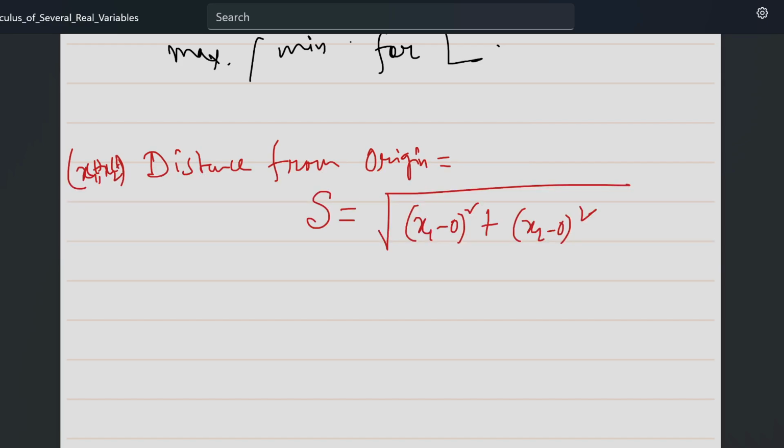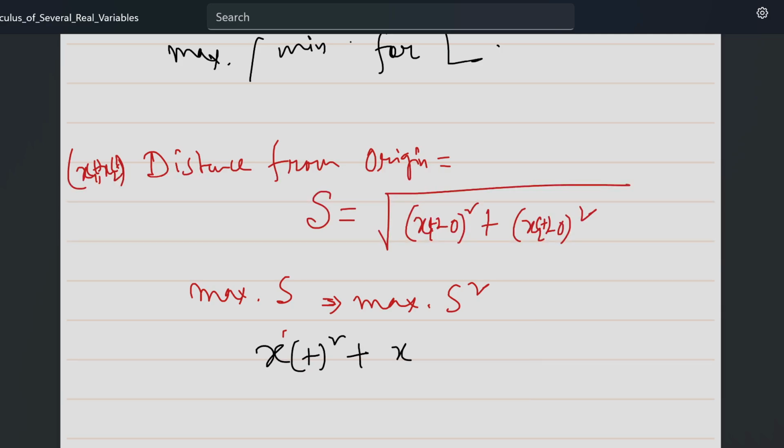Suppose x1 is a function of t, while x2 is a function of t. So to find the maximum or minima, you do one thing. Finding the maximum of s is the same as finding the maximum of s square. So first you square it, and you will get x1(t) square plus x2(t) square.